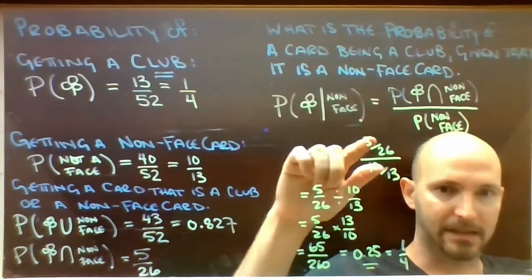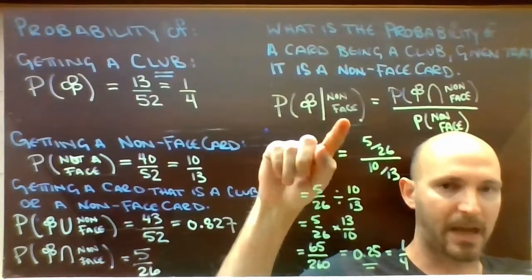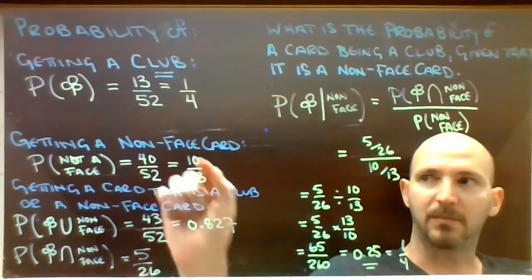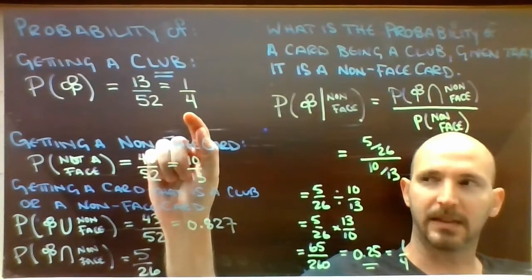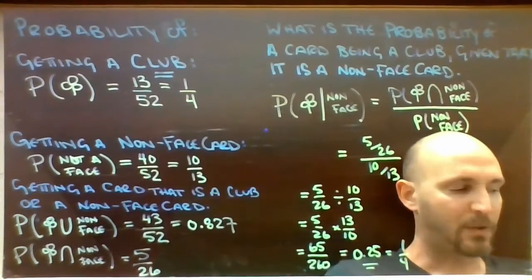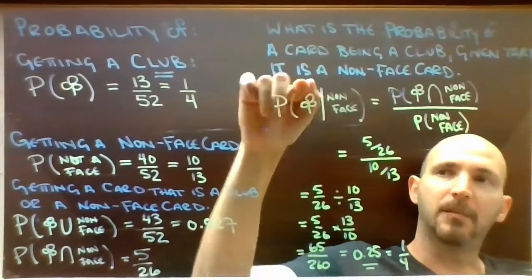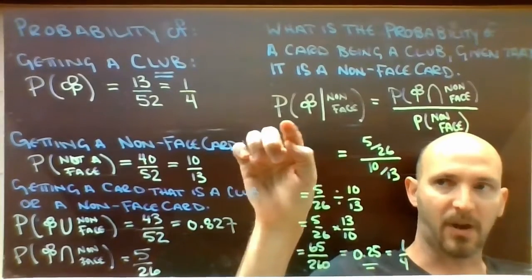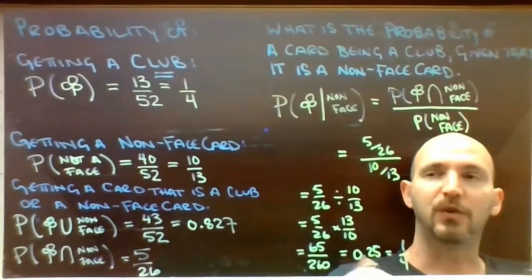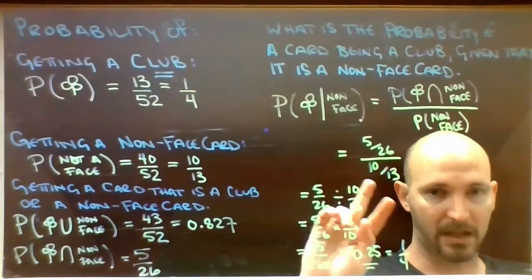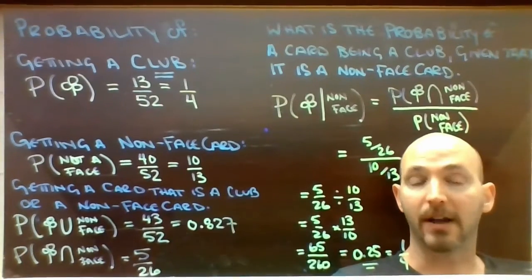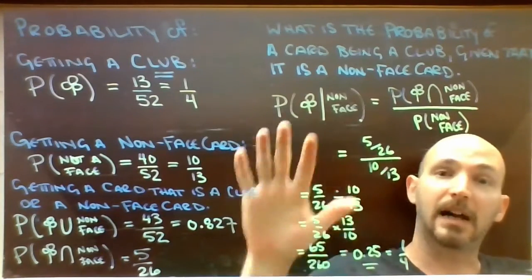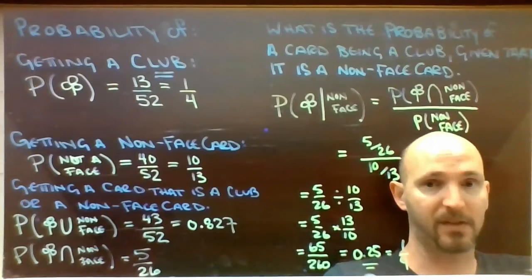If this and this are independent of each other, do you notice that this probability happened to match exactly the probability that it was a club? So if the probability of it being a club, given that it's a non-face card, happens to be equal to the probability that it's a club, then you've shown that those two things, being a club and being a non-face card, are independent events. They have nothing to do with each other. So I'm going to take this idea and I'm going to write it down as formulas so you have something to look at.